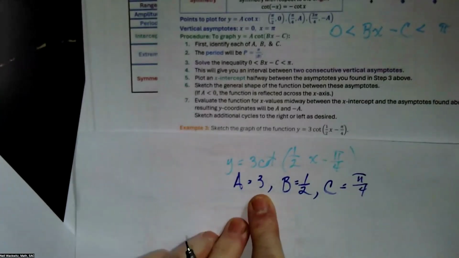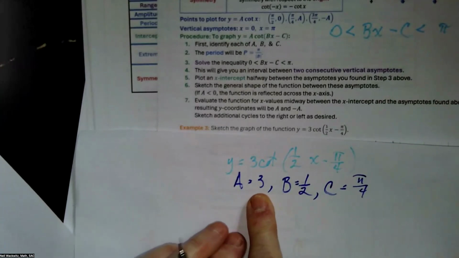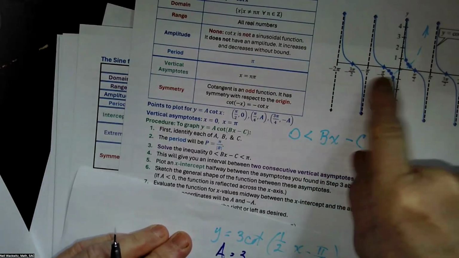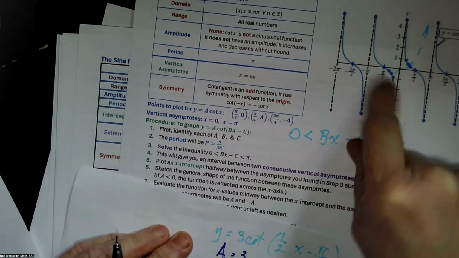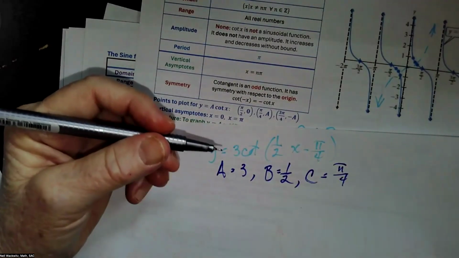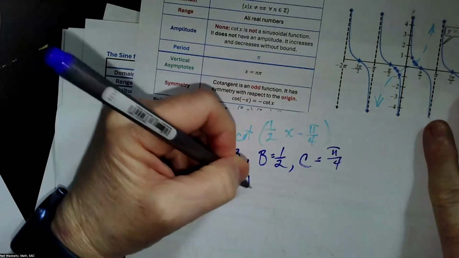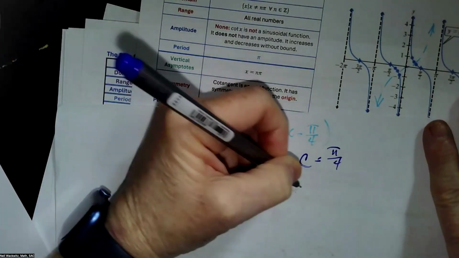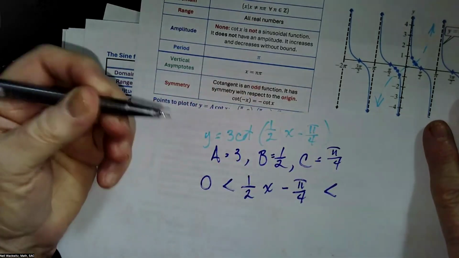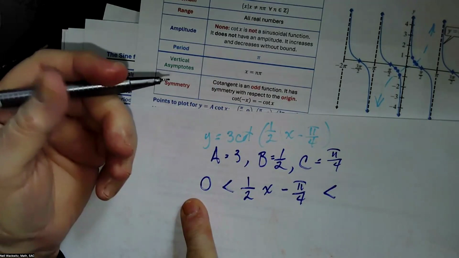We're going to use the a to get our two values in between the 0 and the asymptote. So for right now, we're just going to look at 1/2 x minus pi over 4. And we're sandwiching that between 0 on the left and pi on the right.